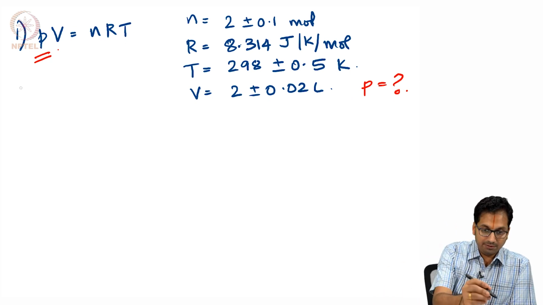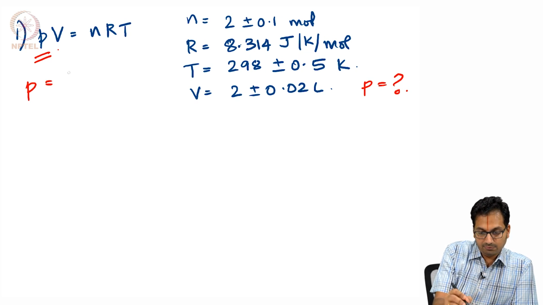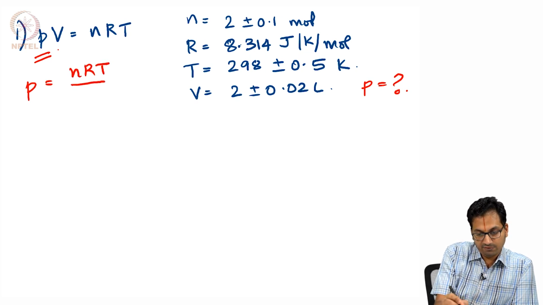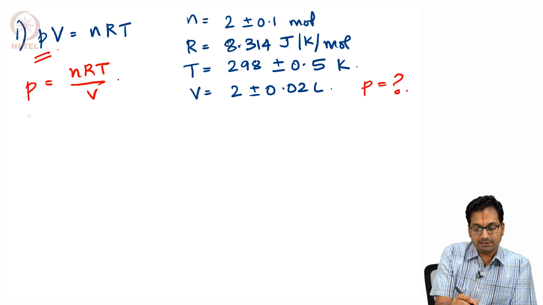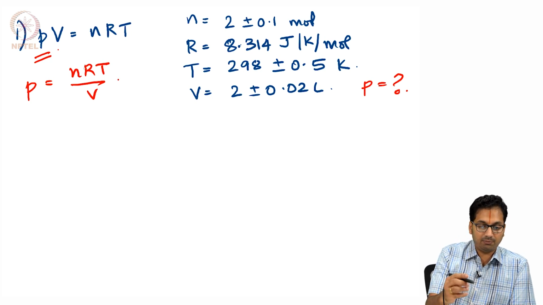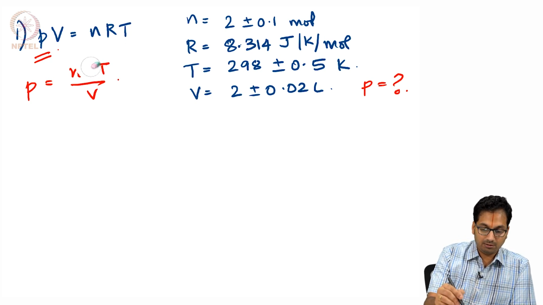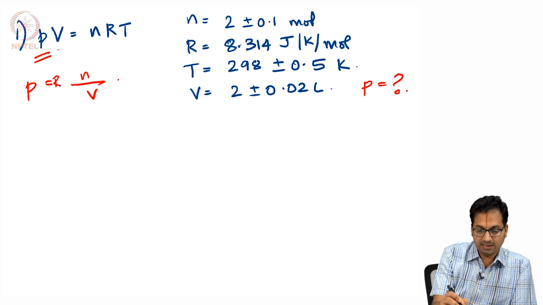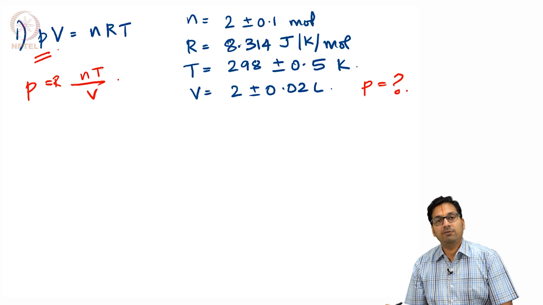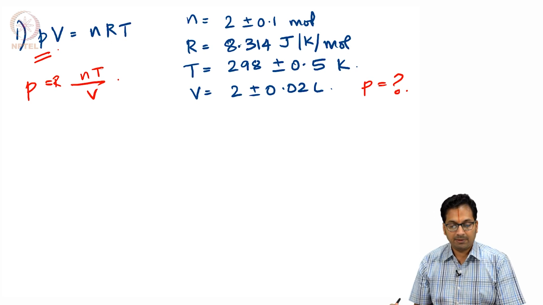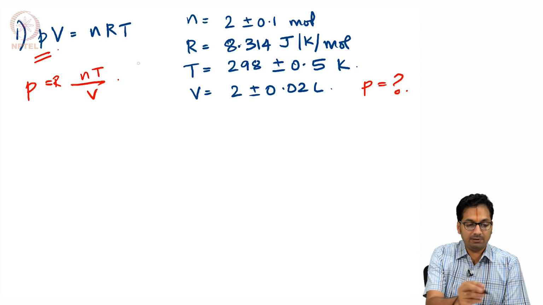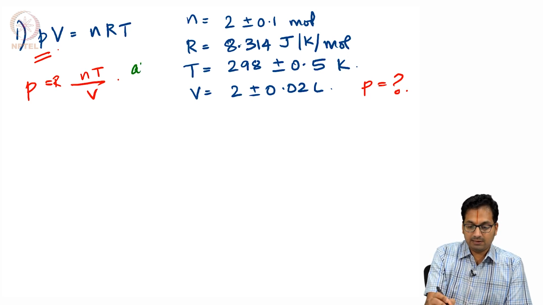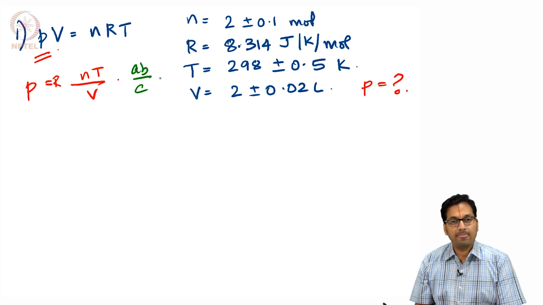This can be quickly rearranged as P is equal to nRT by V, and we realize that R is a constant. So, one can always switch the constant out. So, you can say R times n times T divided by V is the pressure, and you realize this is of the example where this is AB divided by C. All right.